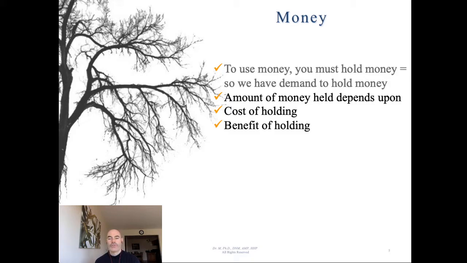One way to address central bank policy when it is positioned to change the interest rates for banks to borrow money from them is to address this cost of holding and the benefit of holding. And that's what drives the entirety of this decision when the central bank changes interest rates. It becomes front page news.